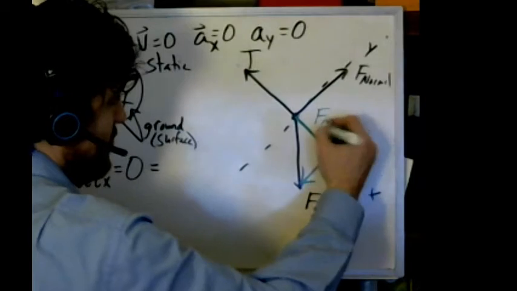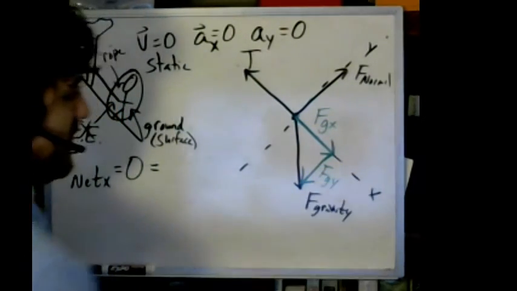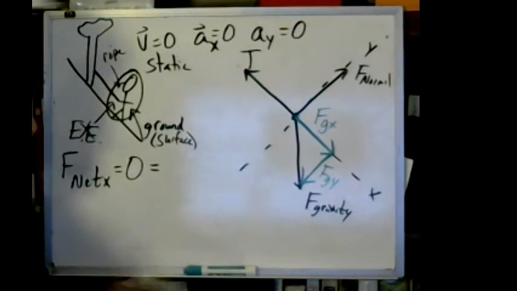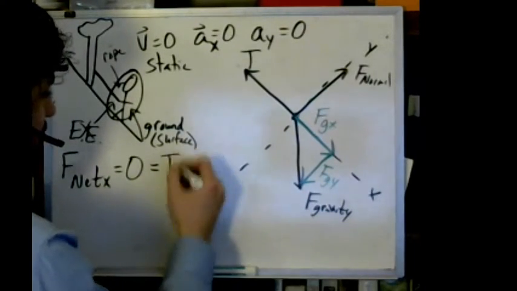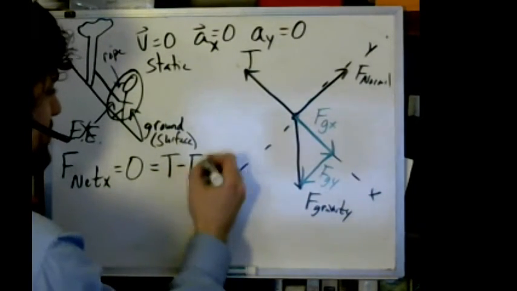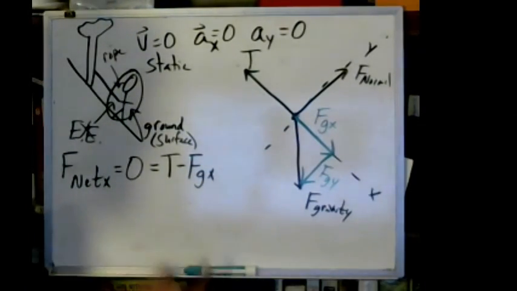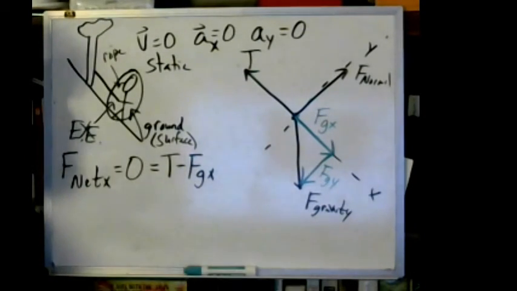This is the force of gravity in the x direction. This is the force of gravity in the y direction. In the x direction, we now have 2 forces. We have tension up the hill minus Fgx down the hill. Is it possible that these 2 forces are exactly identical and this thing is equal to 0?